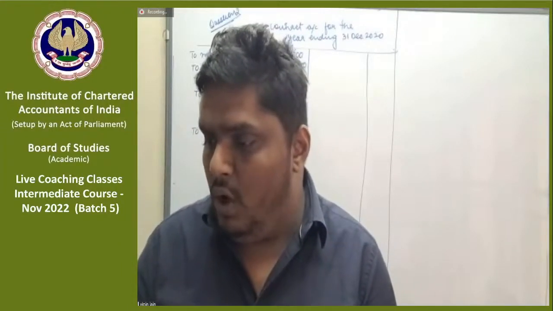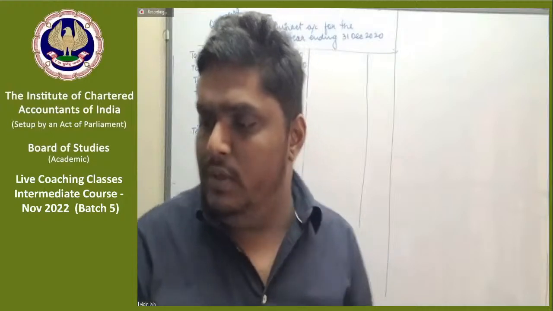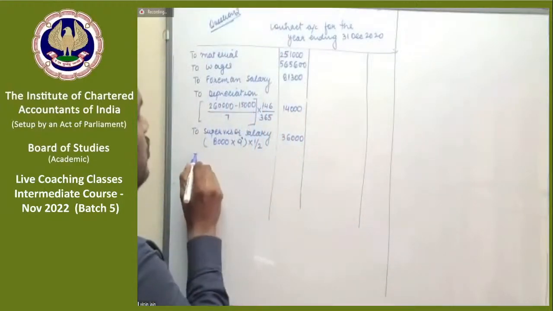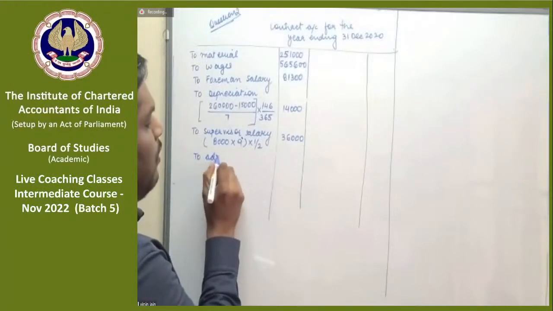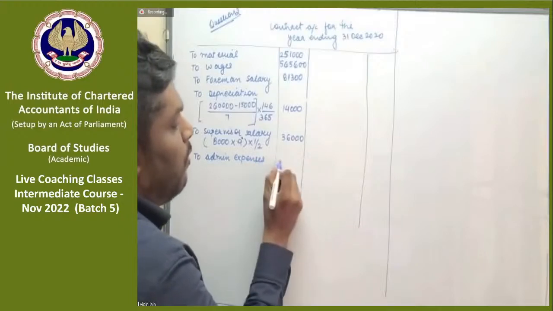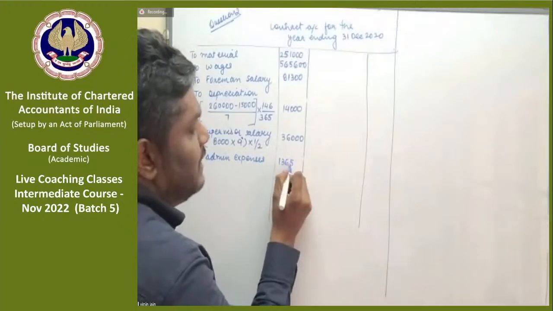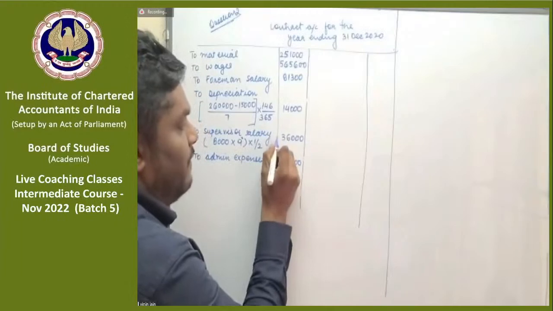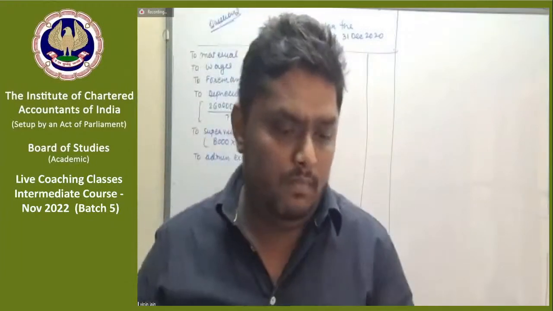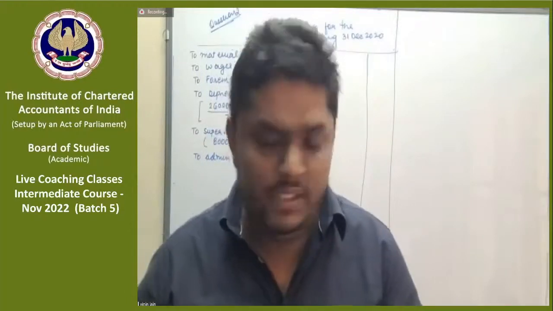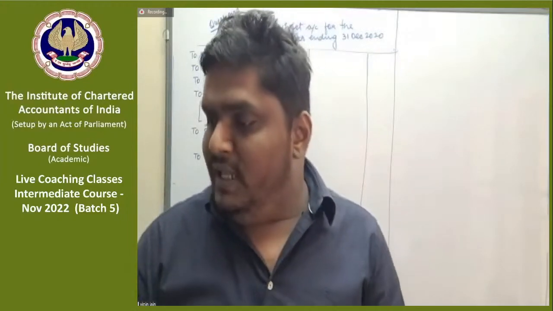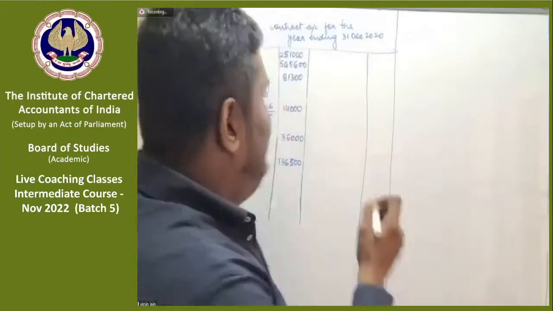Further, it is given all the other administration expenses amounting to rupees 1,36,500. Very good, Dikshit Kumar. Further, it is given material at site is 35,400.